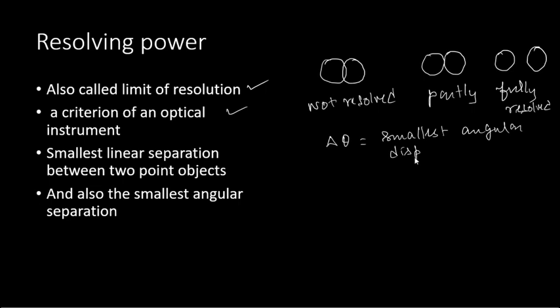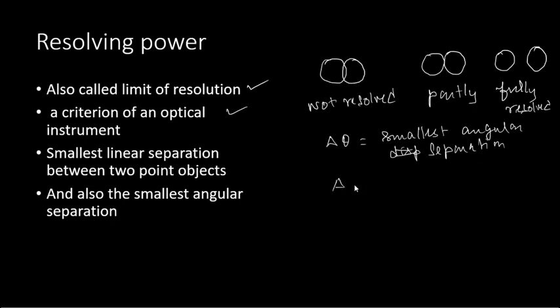Smallest angular, not dispersion, we can call it separation. So this is the smallest angular separation between the two distant objects whose images are to be resolved.